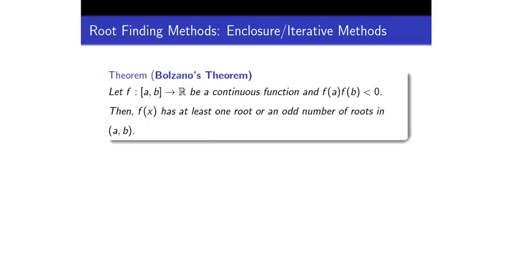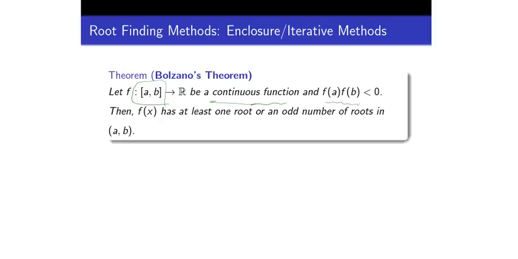The very next result is called Bolzano's theorem. It says: let f be a continuous function defined on the closed interval a to b. Continuity is a very important condition. Suppose you choose a and b such that f of a times f of b is less than 0.